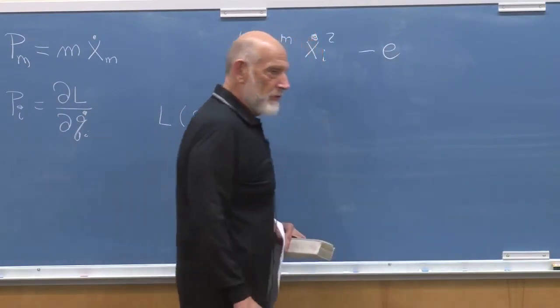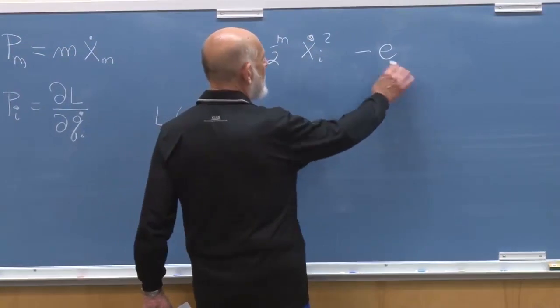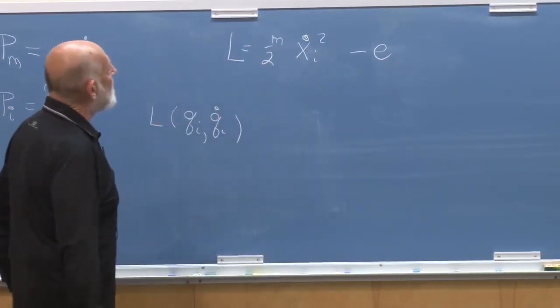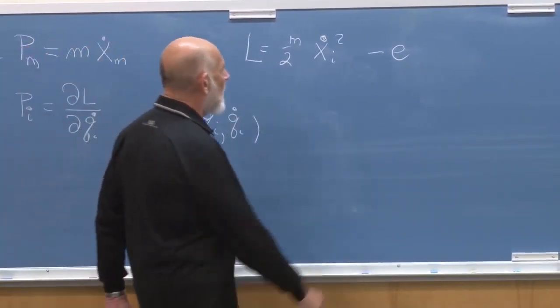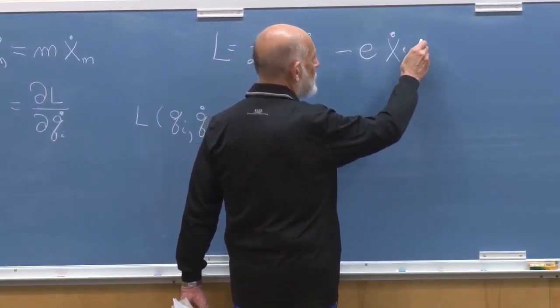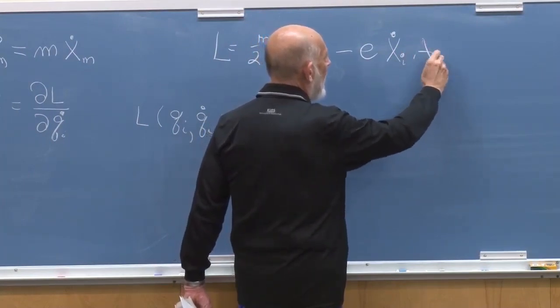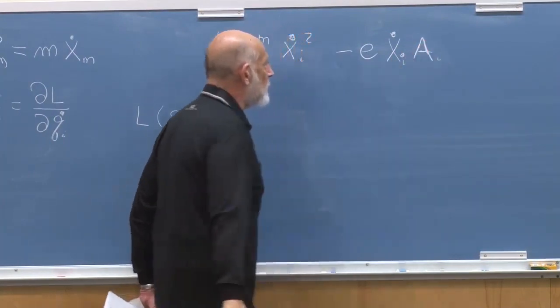The electric charge, if you want to keep track of speeds of light, you can put them in the denominator here, but I don't want to do that now, minus the electric charge times the velocity dotted into the vector potential, or just e x_i dot a_i. That's the vector potential.